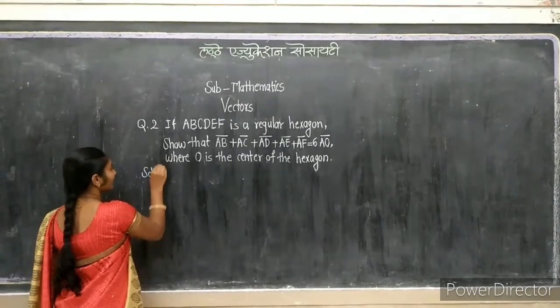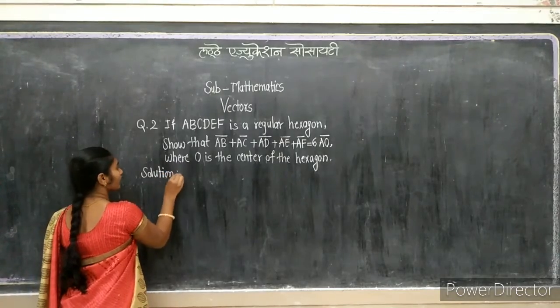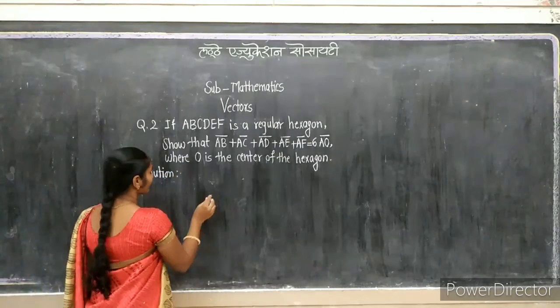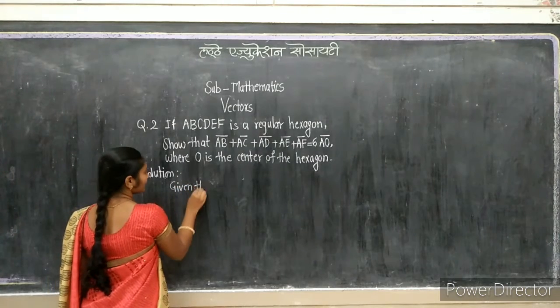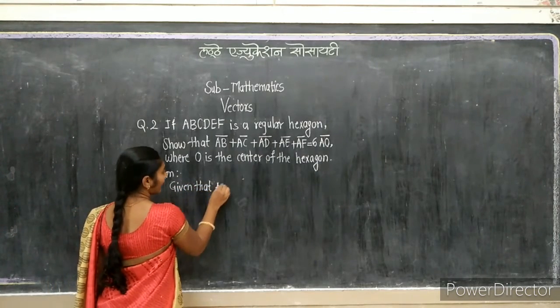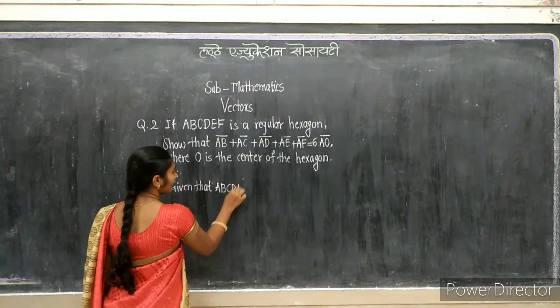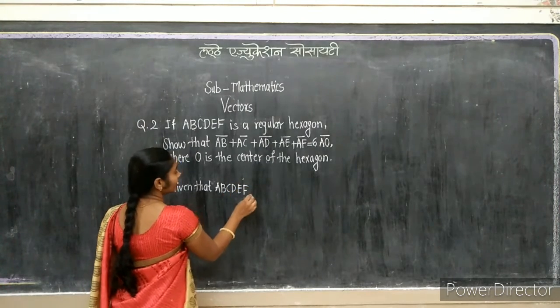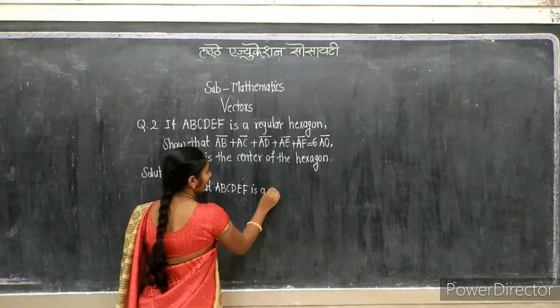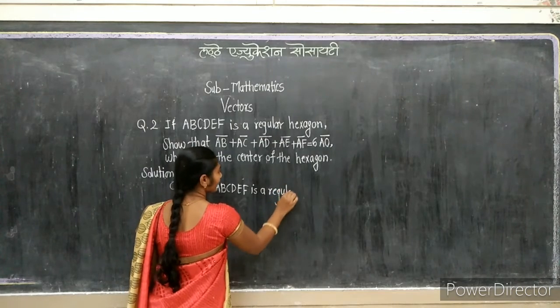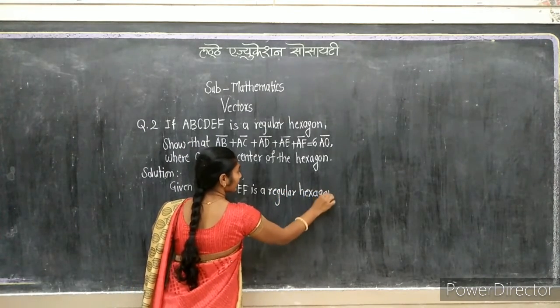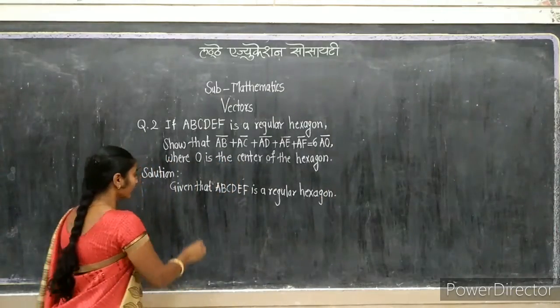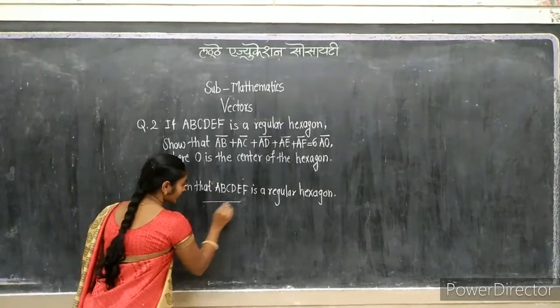Solution. Given that ABCDEF is a regular hexagon, then this is the hexagon.